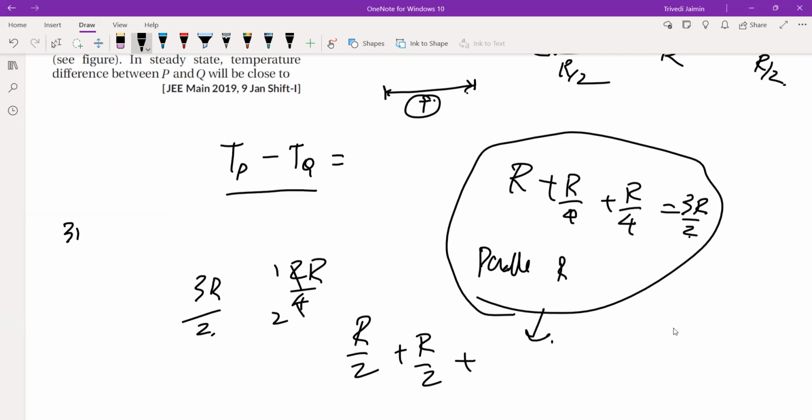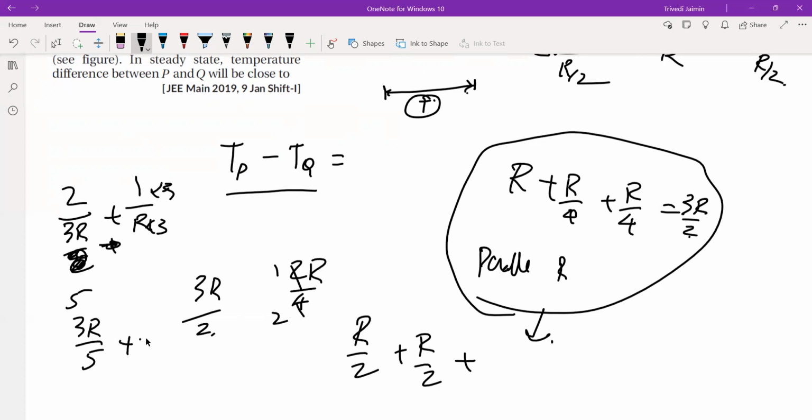So 3R by 2 in parallel with R: 2 by 3R plus 1 by R, that is 5 by 3R, so 3R by 5.